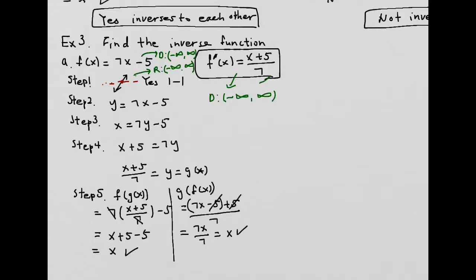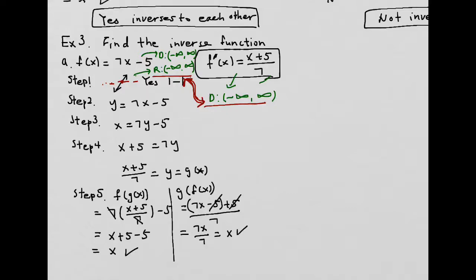So the domain of the inverse function becomes the range of the given function. So these two should be the same. I'm trying to make an equal sign, but I wasn't able to, so I put an arrow saying that those two are equal.